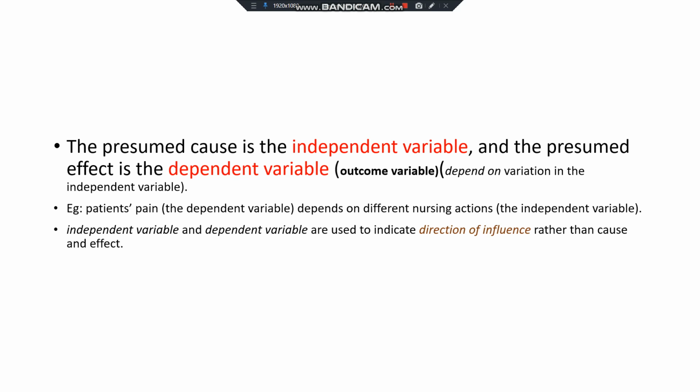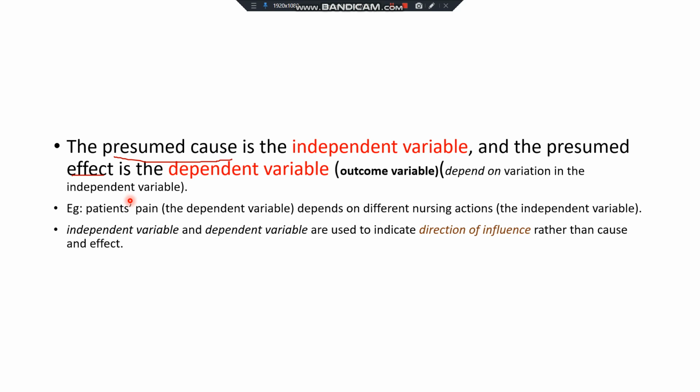The first one is the independent variable and the other one is the dependent variable. The independent variable is the presumed cause, and the presumed effect is the dependent variable. Or we can say the dependent variable is the outcome variable, which depends on variation in the independent variable.